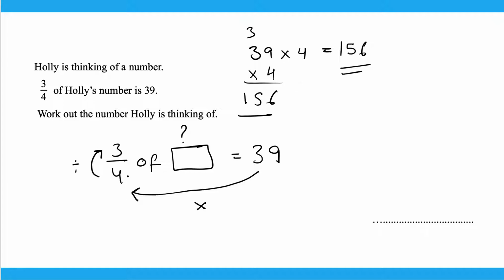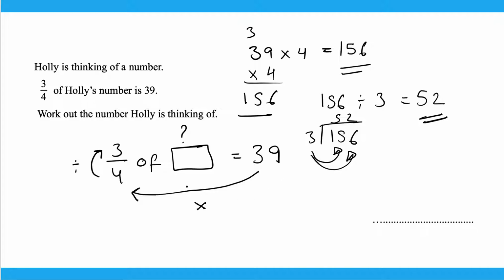Then you divide by the numerator, so 156 divided by 3, and again you can just work that out. 3 goes into 15 5 times and into 6 2 times, so your answer would be 52.